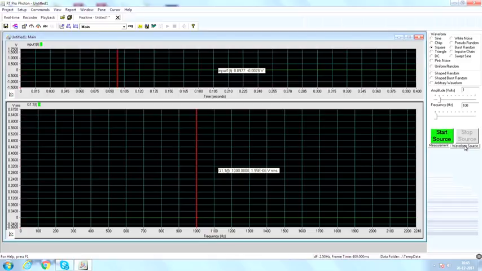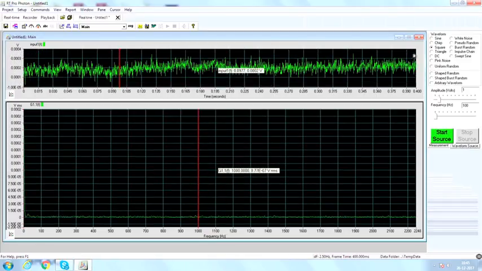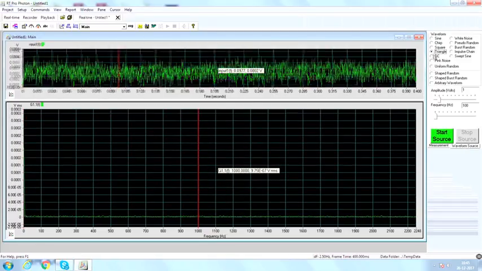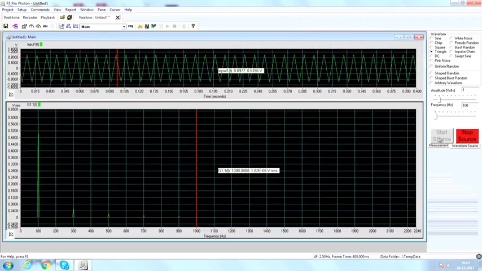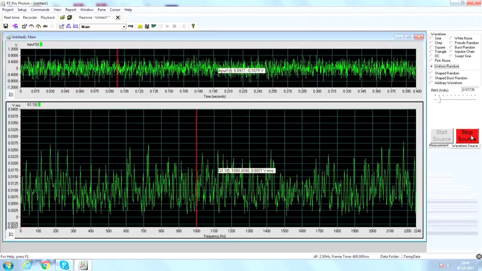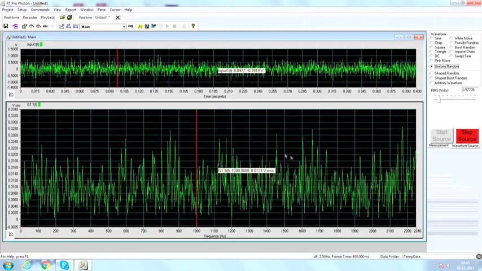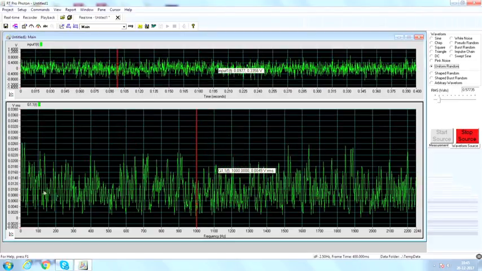Now, let me change the waveform type and make it triangular, and for triangular you get its frequency content and so on. Let me make it random noise. Interestingly, in random noise all frequencies are present.